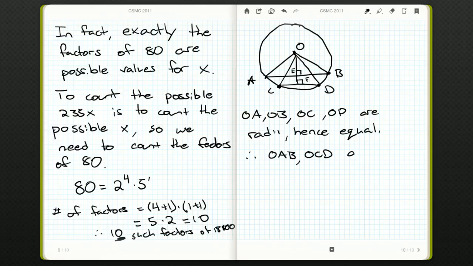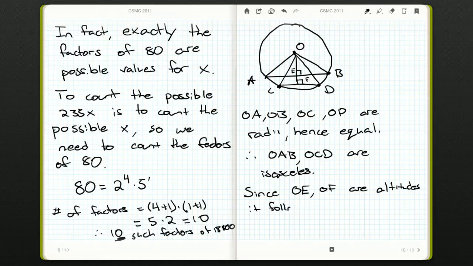So OAB and OCD are isosceles. So we can conclude that E and F are midpoints of AB and CD. Okay, so why is that helpful?